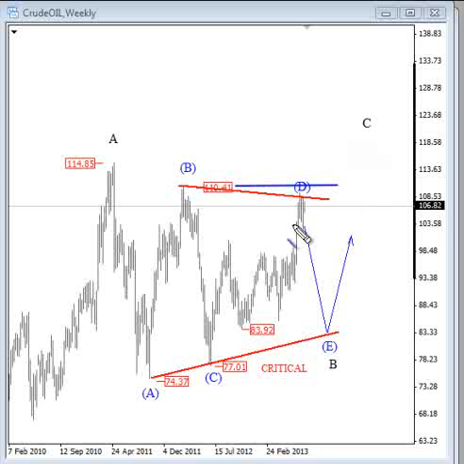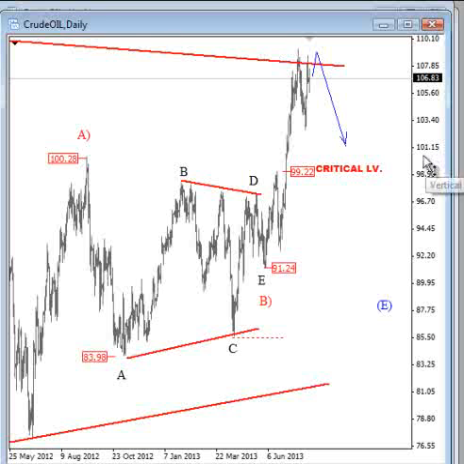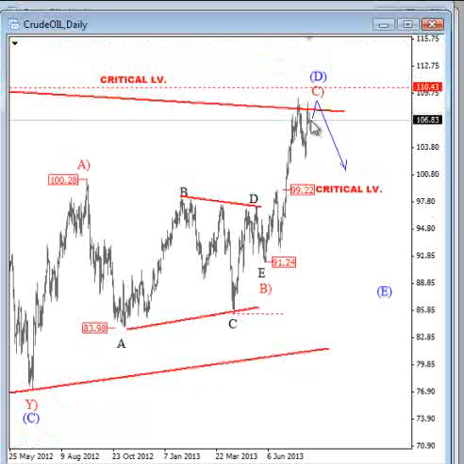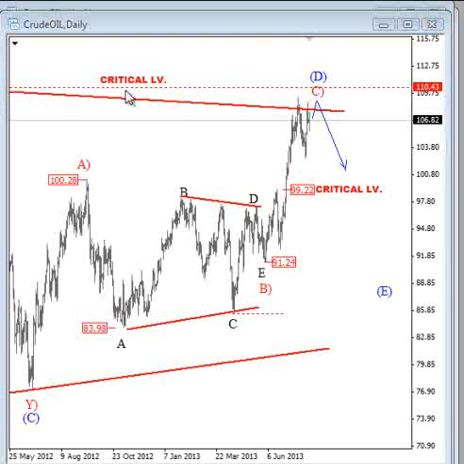If we are correct, then the market will reverse impulsively lower in the first leg of a three-wave decline in wave E. So on a daily chart, if we are correct, then we should see maybe a spike to a new high here, but not through the 110.50 level, because that's our invalidation level. So maybe we'll see a spike to a new high and then a reversal lower, but keep a very close eye on this critical level.